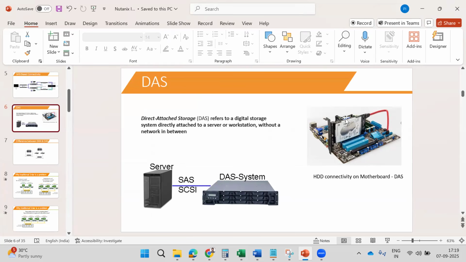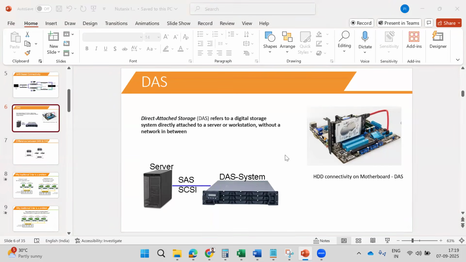It can be a single SSD, a single disk, or it can be a bulk amount of disks in one centralized box, with SAS or SCSI connectivity to the server. The connectivity is the same, but the difference is one hard disk here and multiple hard disks there. Other than that, nothing changed. Anyhow, if I connect my storage directly to the motherboard, that's DAS.